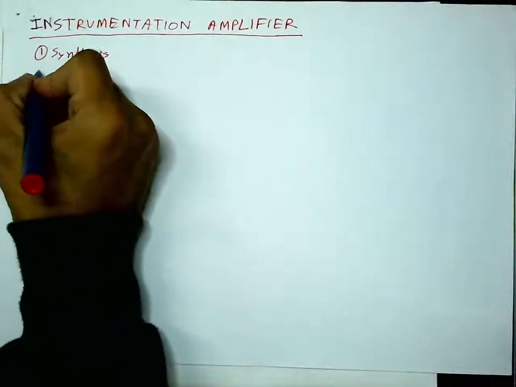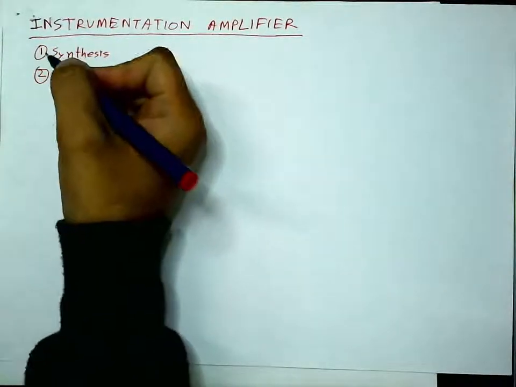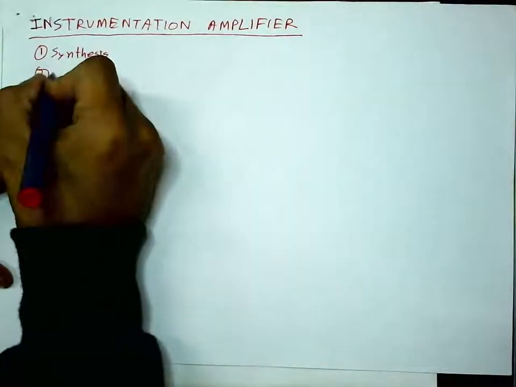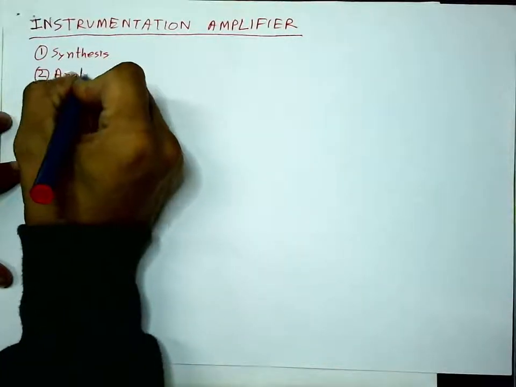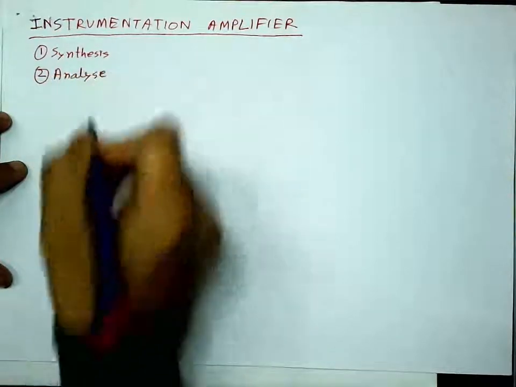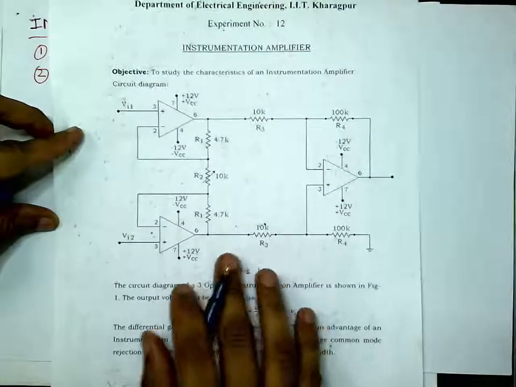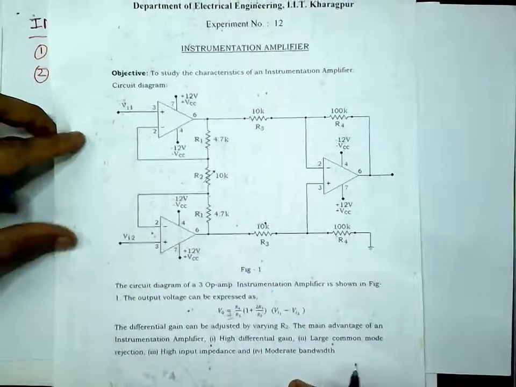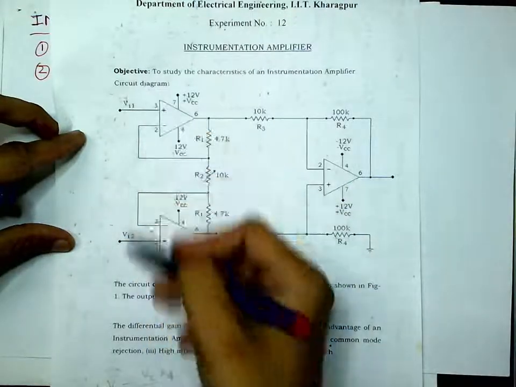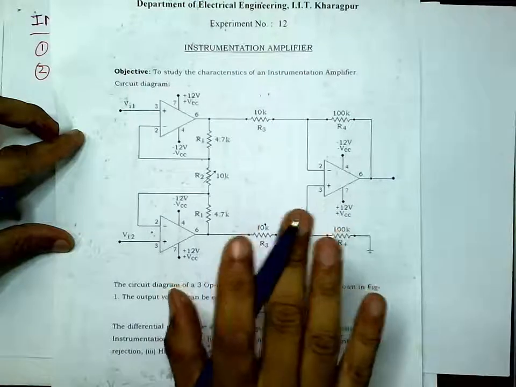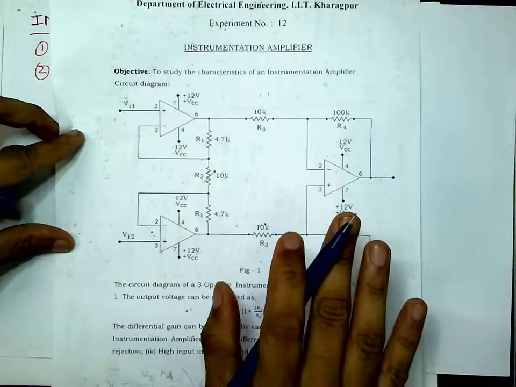And the second possible perspective to look at a circuit is, given the circuit, analyze the circuit. Suppose someone has already told me that this is a circuit. Now let us analyze how the output is related to the inputs. So that is comparatively a simpler thing to do.